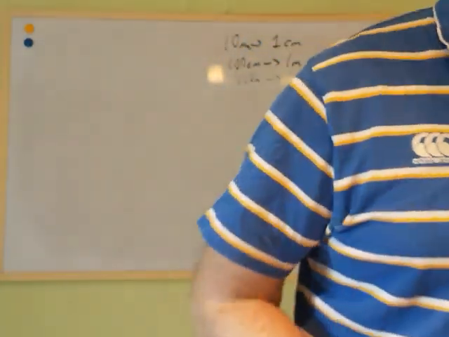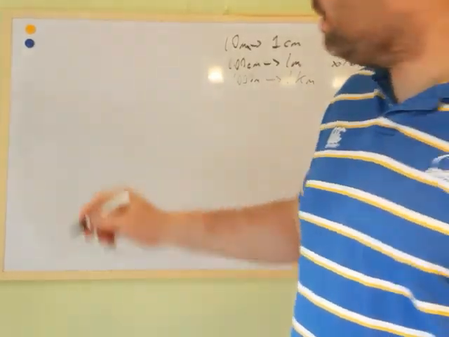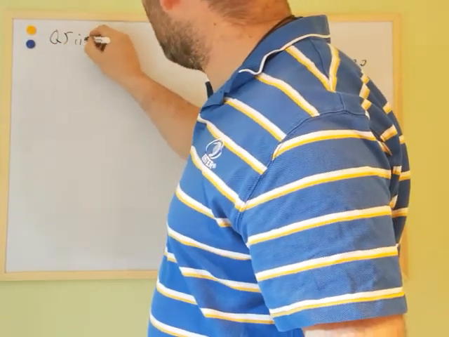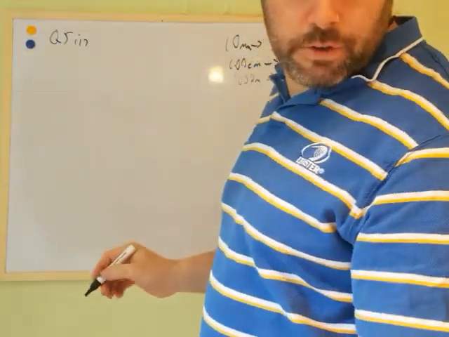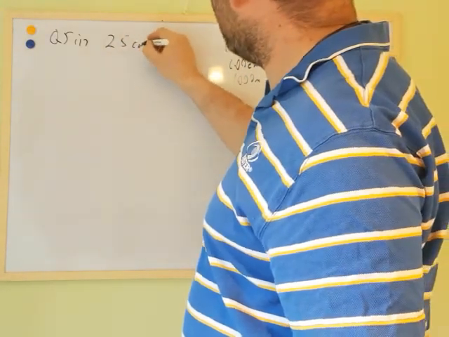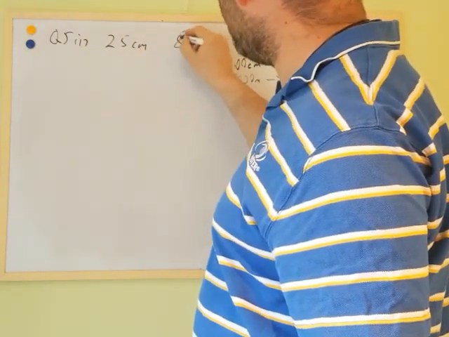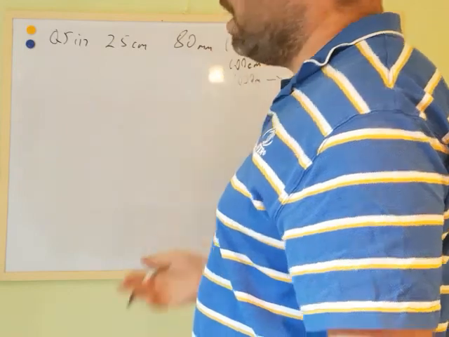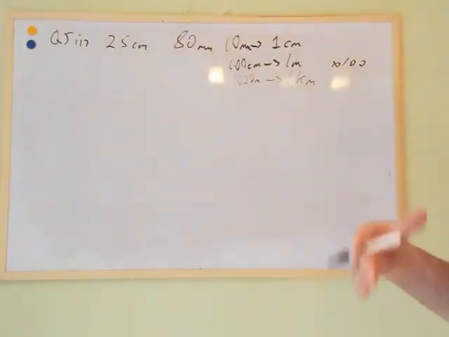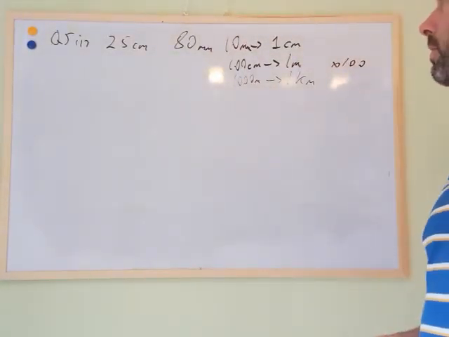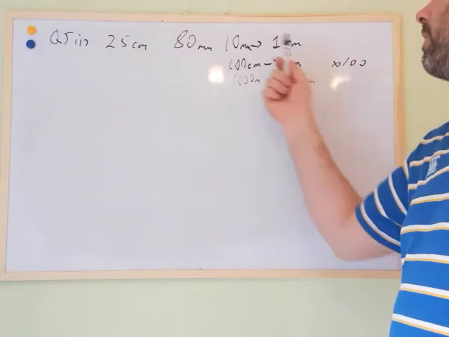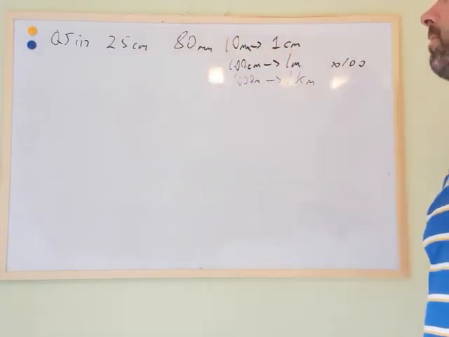Question 5, work out which of these is bigger. 25 centimeters or 80 millimeters. Well, folks, if we want to work out which is bigger, we have to convert them to the same units, okay? If we want to convert from centimeters to millimeters, we multiply our centimeters by 10.